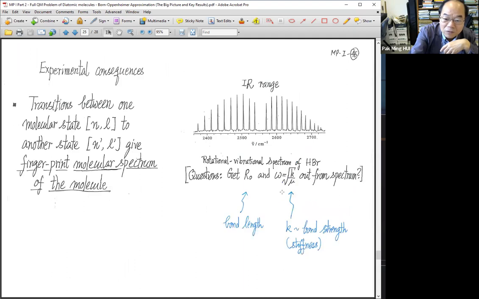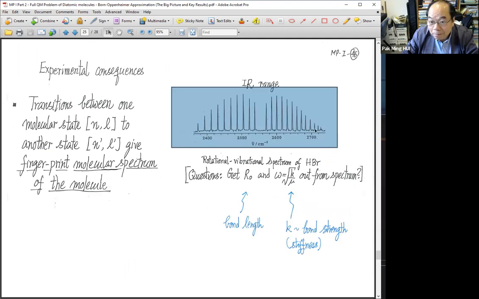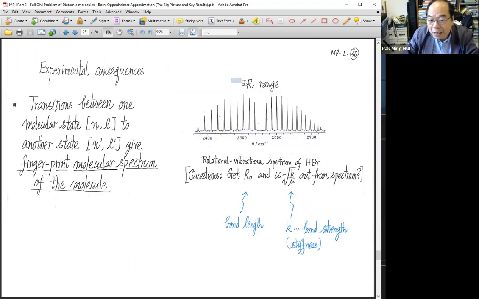Now, if you account for all possible transitions from an excited state down to this family, you will get a very beautiful pattern. So this is a molecular spectrum, usually happening in the infrared range. This spectrum has a name. It is called rotational vibrational spectrum, or in a short form, ro-vibrational spectrum.